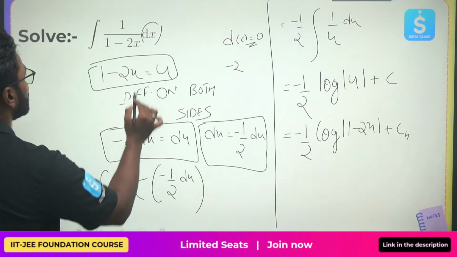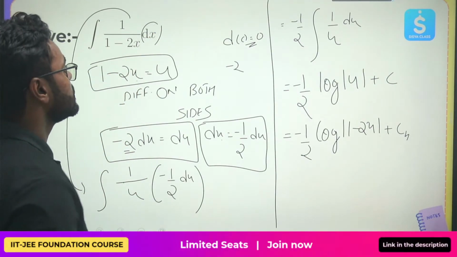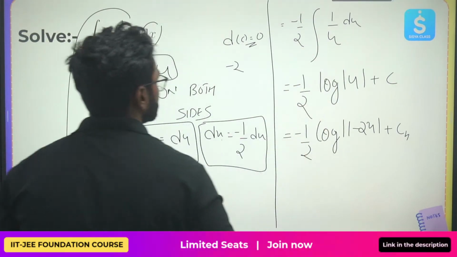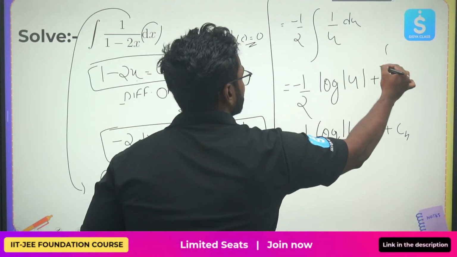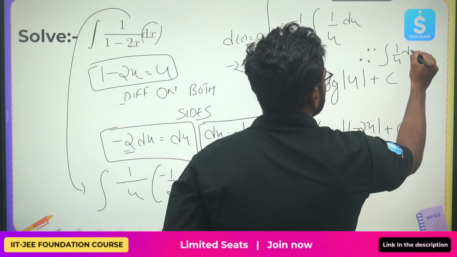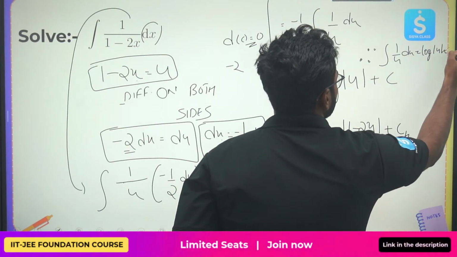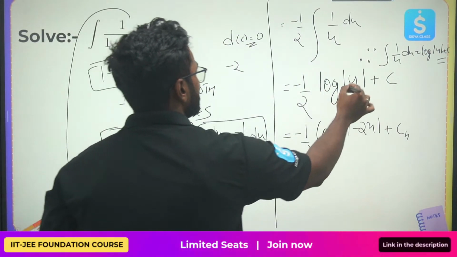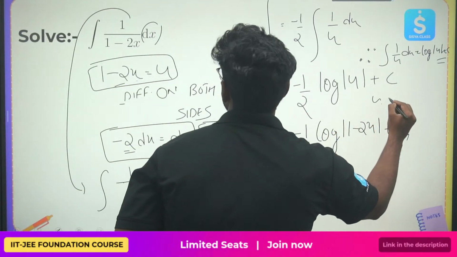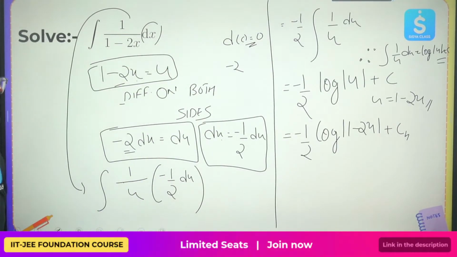Then we substituted this whole value in terms of u and du. That would be minus 1 by 2 integral of 1 by u du, and this is the formula. And then we applied u is equal to 1 minus 2x. Hope you understood this, right?